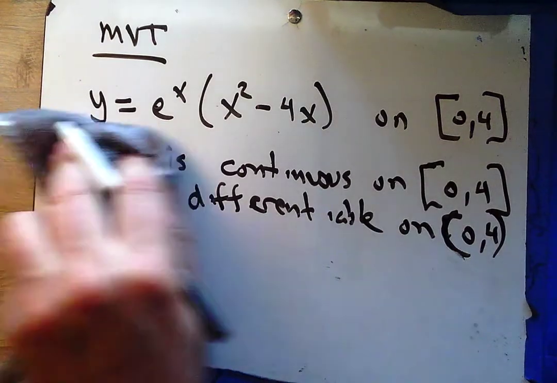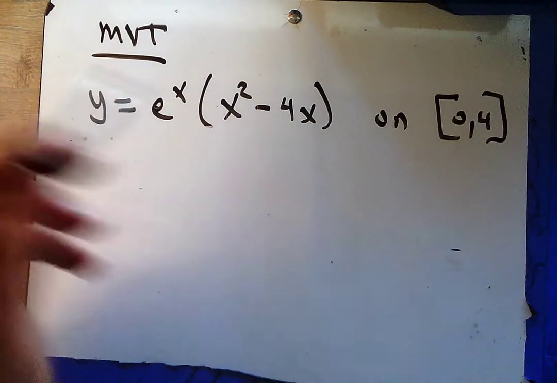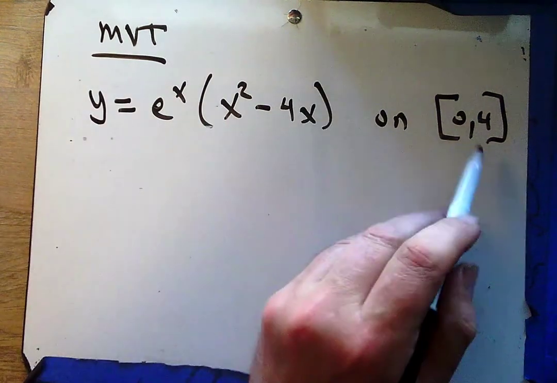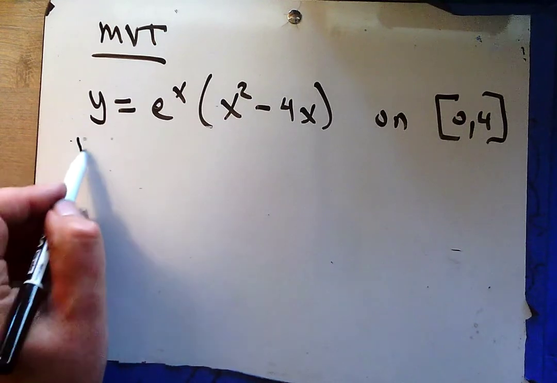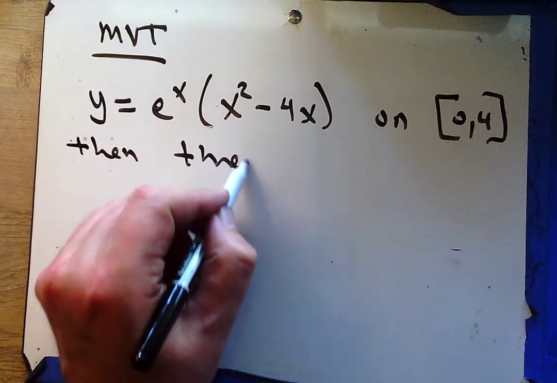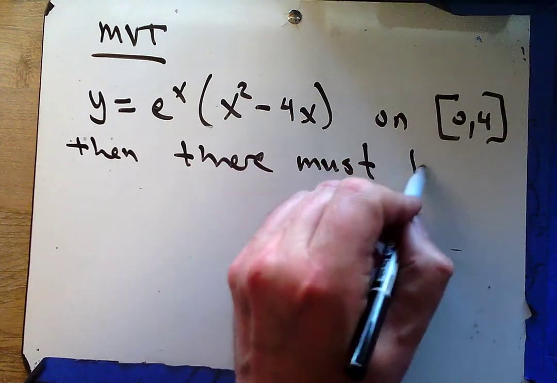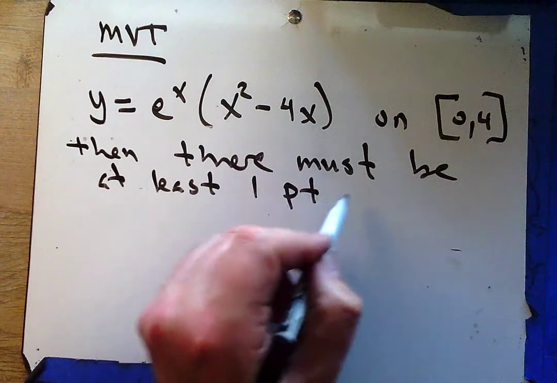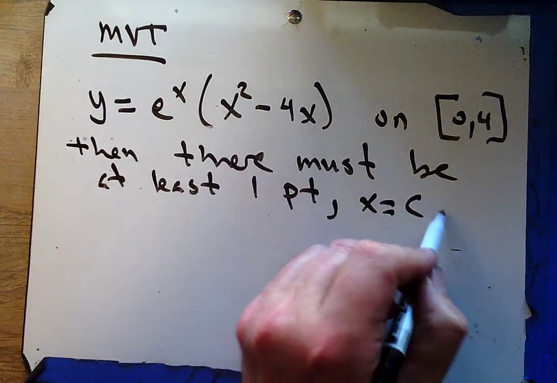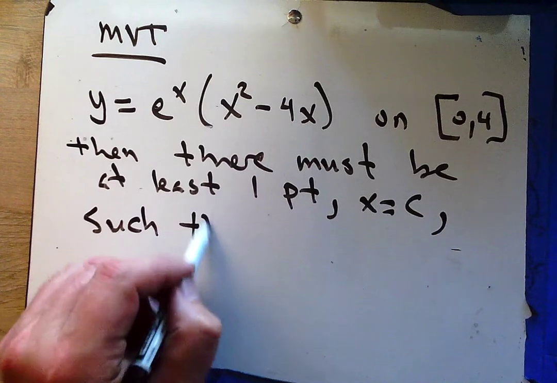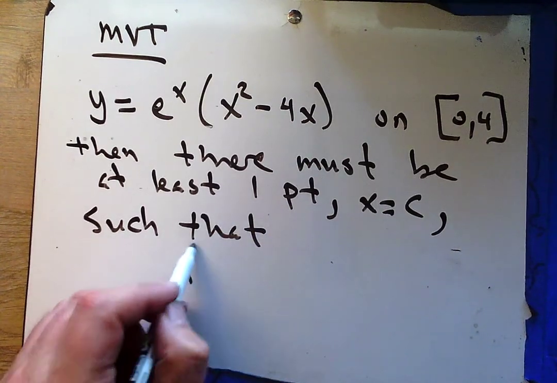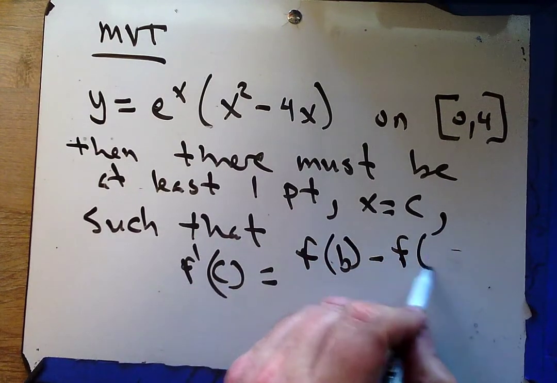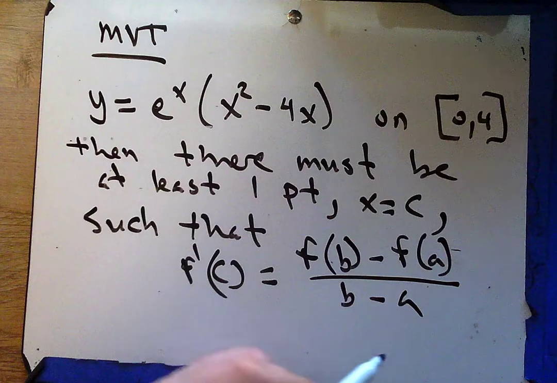Great. But what does that mean? If this function is continuous on the closed interval and differentiable on the open interval, then there must be at least one point. We're going to call that one point x equals c, such that f prime at c equals f of b minus f of a over b minus a.